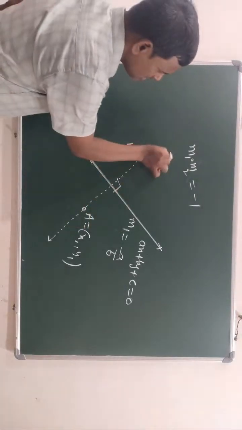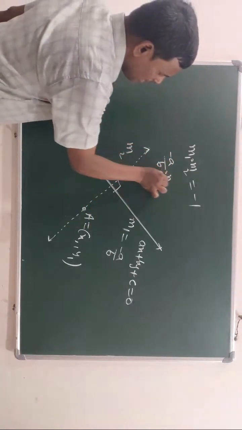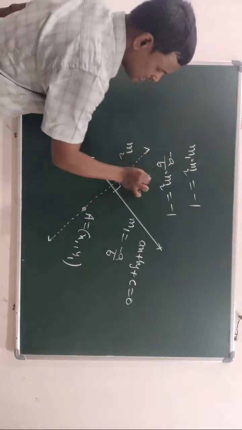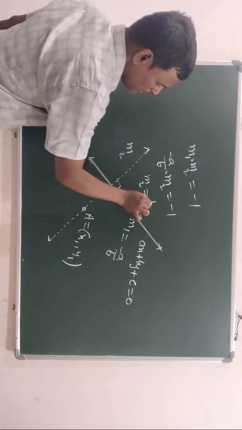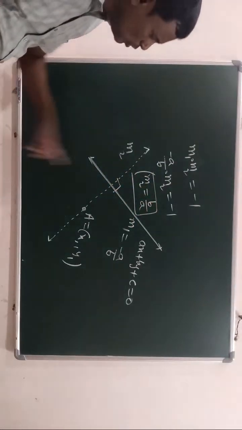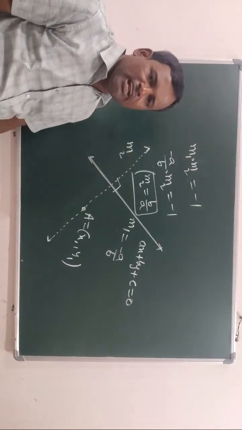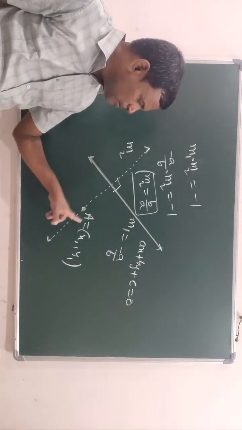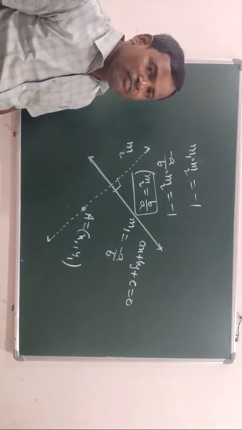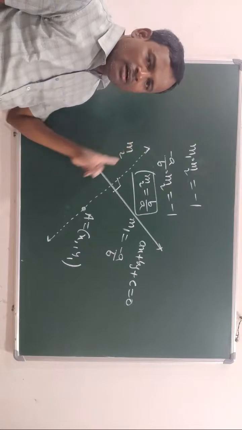Now m1 is minus a by b into m2, which is equal to minus 1. Minus minus get cancelled. Your m2 is equal to b by a. Now you got the slope of our required line, and one of the points is known. So then apply the point slope form of the line.